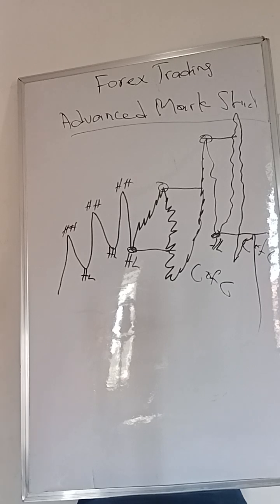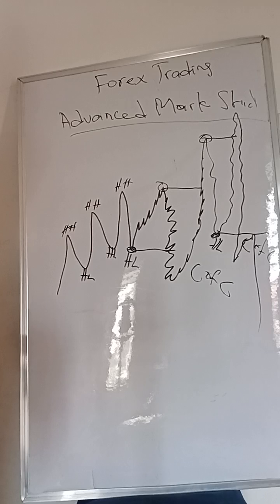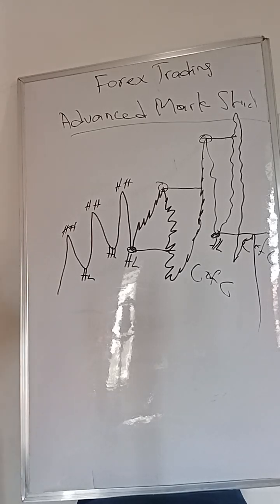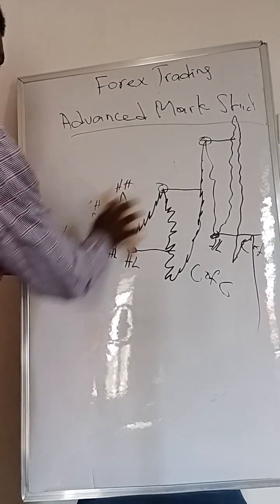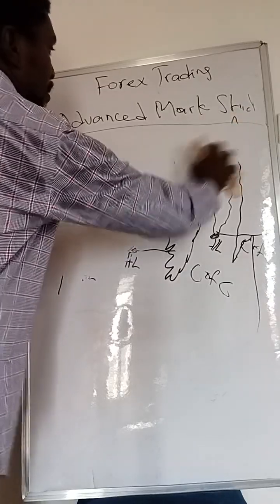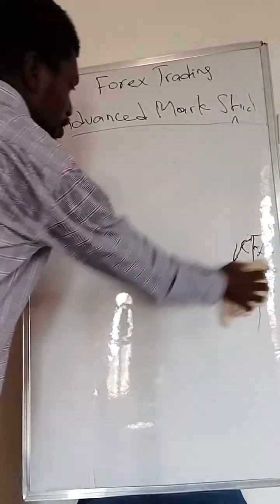Okay, so let's now look at some simple entry options for us if you want to trade a structure. So I want to introduce us today to how to trade a structure, how to trade a structured market. A simple entry.